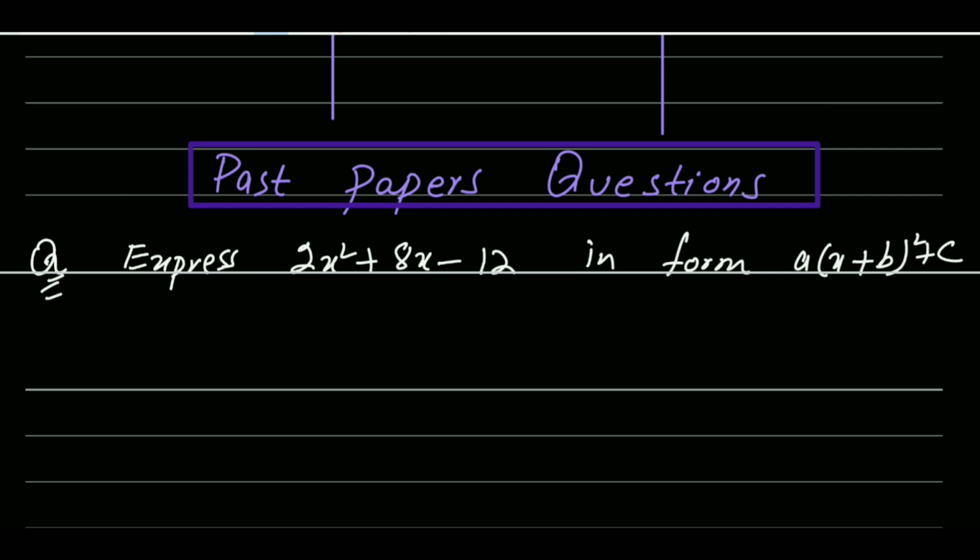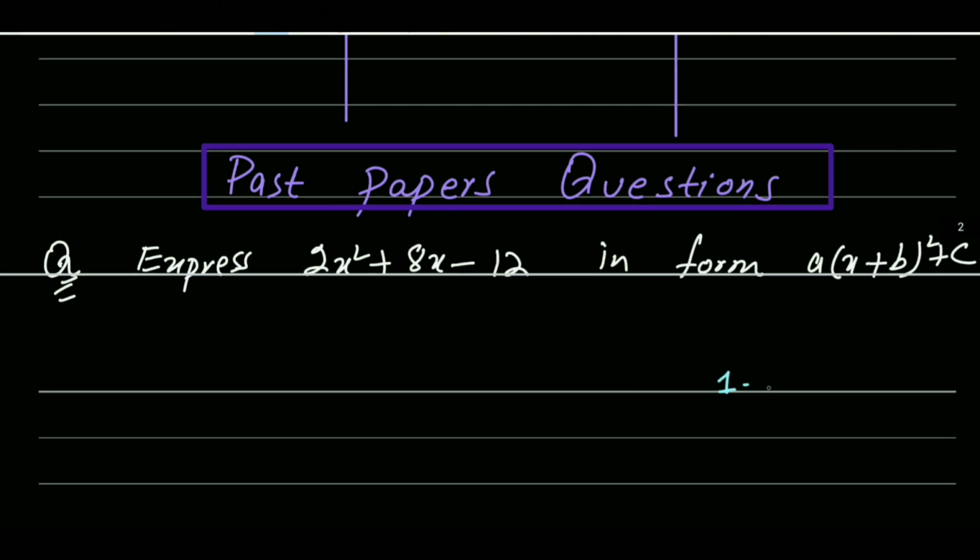How to solve it? First step is, make sure the coefficient of x square is 1. If it is not 1, then we have to make it 1 by taking the coefficient of x square common.